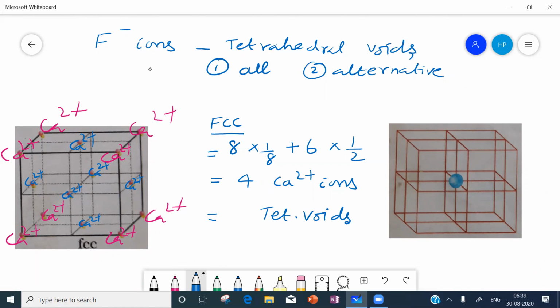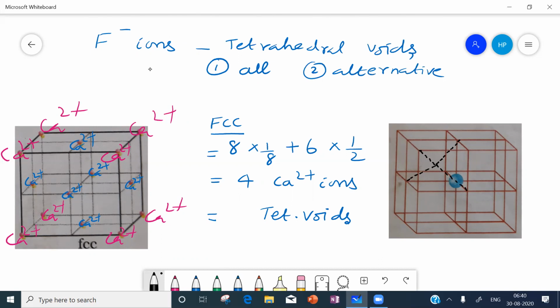Now we will take this one FCC unit cell and draw a tetrahedron. Let us start at this corner. We will draw a line to the center of this small cube. From the center of the small cube, we will make a line to the top face center, then to the front face center, then to the left side face center.